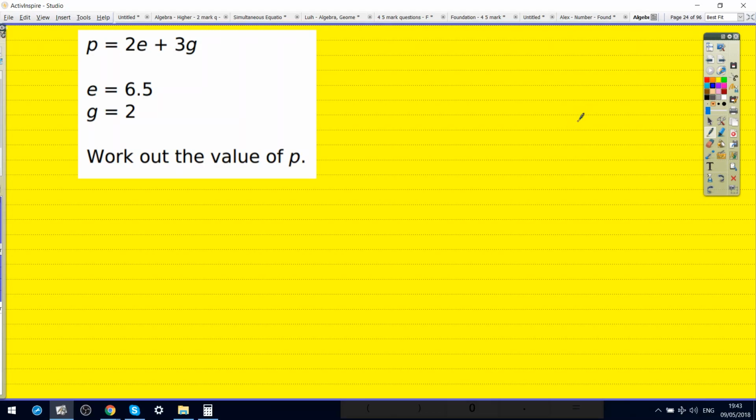Okay, how about this? To find out 2e and 3g, 3 times g would be 6. 2e would be 13.